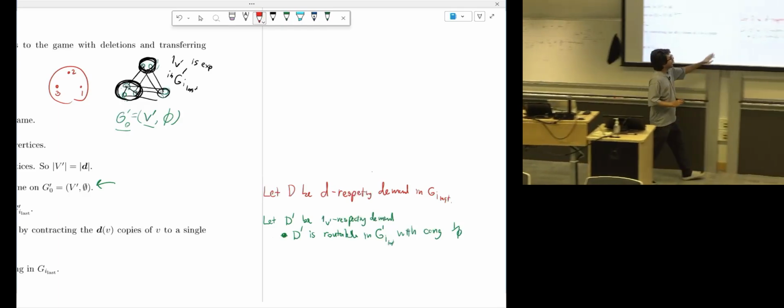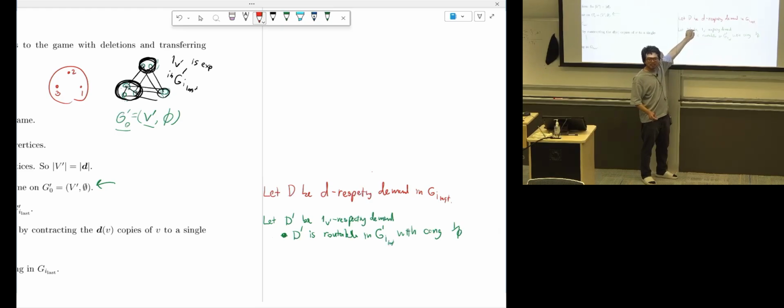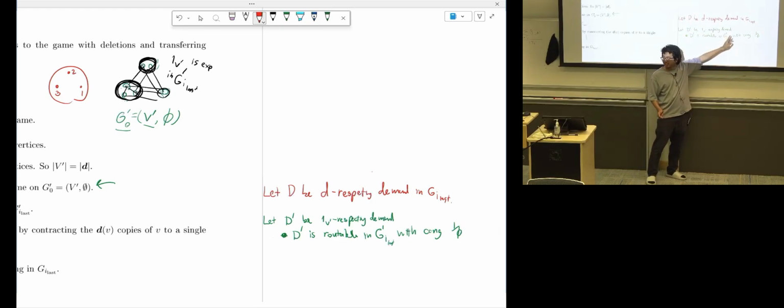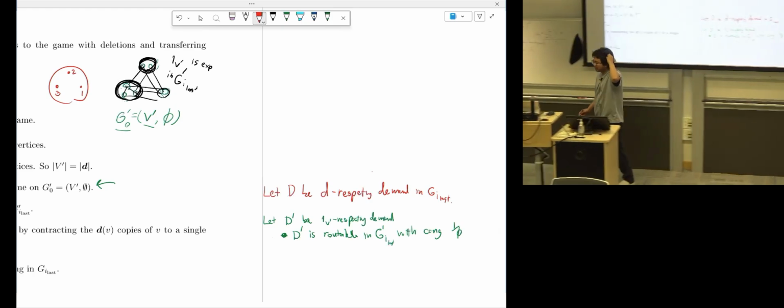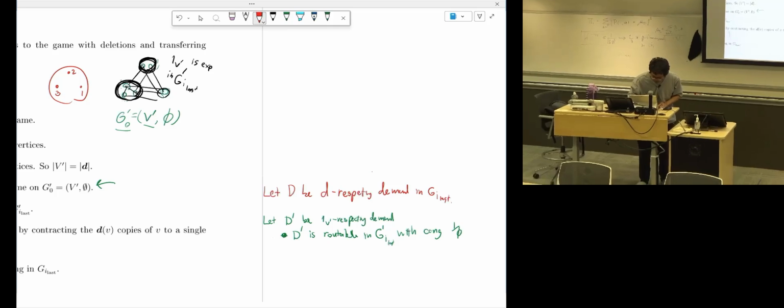When you look at the D respecting demand, you can define the corresponding D prime, that is a 1_V prime respecting demand. For example, if I want to send two units of flow from this supernode to this supernode, I can define that I want to send 1 unit of flow from this node to this node, and 1 unit of flow from this node to this node.